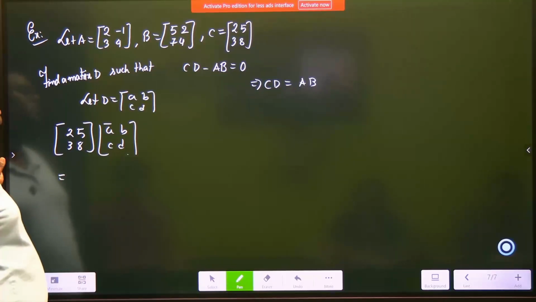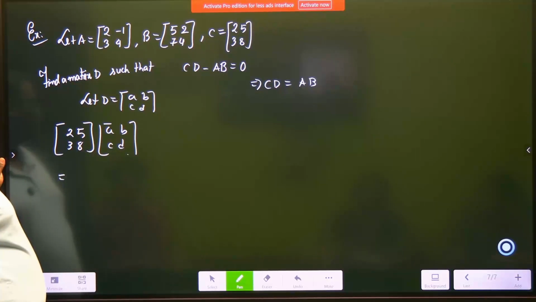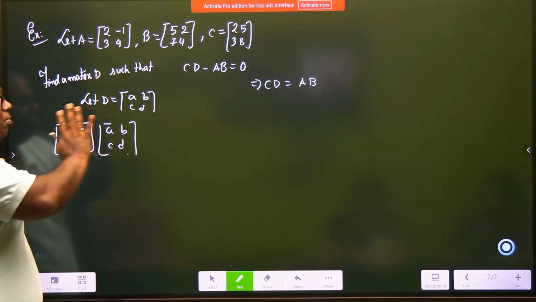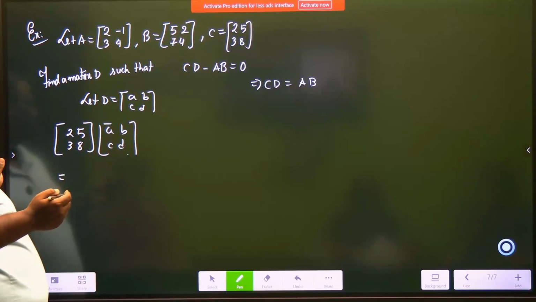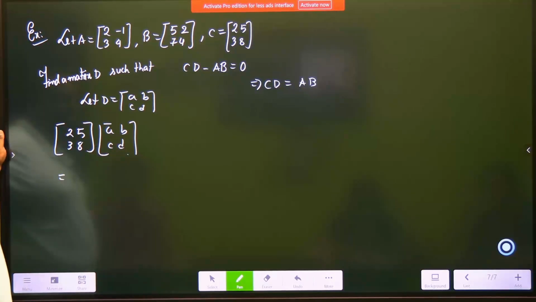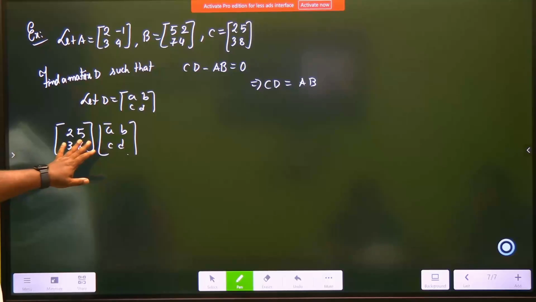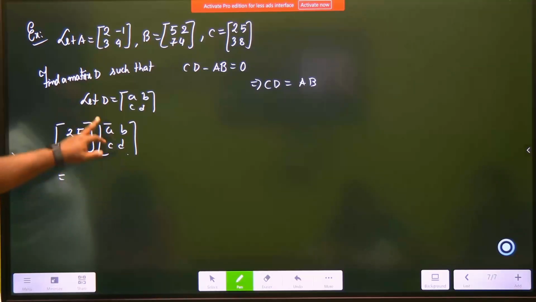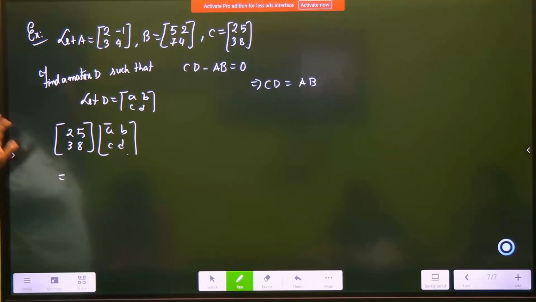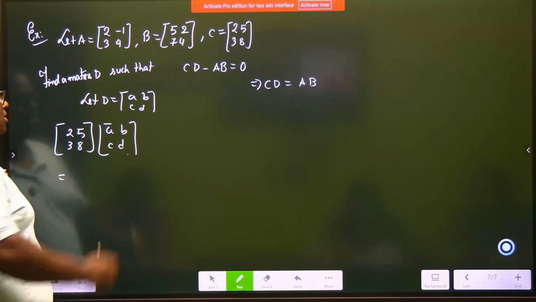We are supposed to do CD multiplication. So this is C. You're using 2 and 3. No, you cannot go by this one. You are doing this with this. So you are doing row into column. See, keep one thing always in mind. Do not concentrate on this matrix. You're multiplying this row into this column. Right? Never say this one into this. That will goof up the whole problem. So you say, I'm multiplying 2, 5 with A, C. Make sense? Chalo.